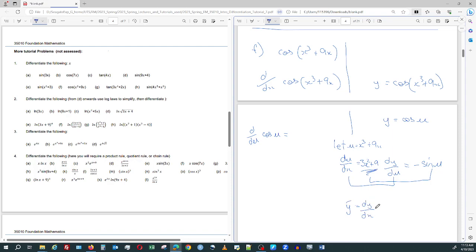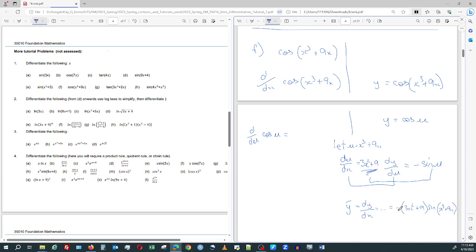I won't do all of the bits in the middle, but it'll be minus, in a bracket, 3x squared plus 9, sine, in a bracket, x cubed plus 9x.